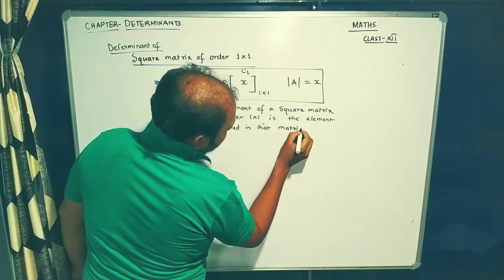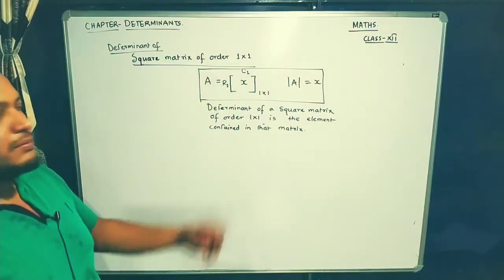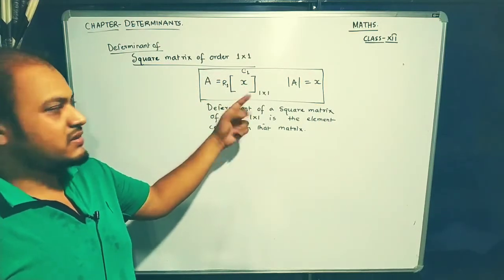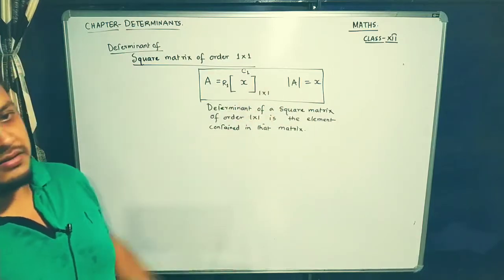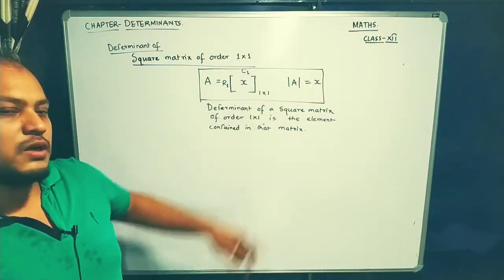So this is the point that you should remember. So whatever element is inside that matrix, that is nothing but the determinant of that matrix, if the matrix happens to be a 1 by 1 matrix.